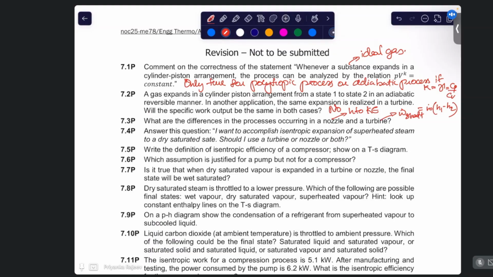If you don't need shaft work but you just need only a high velocity jet, go for a nozzle. If you specifically want superheated steam to go into a saturated state, then a turbine can give that. So I'll say turbine here.